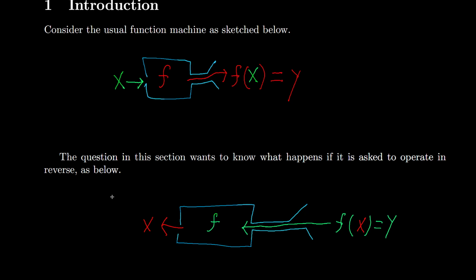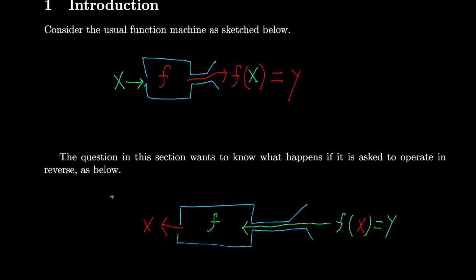If you were to think about chaining these two things together, you put an x into this red function f, you get f of x or y out, and then if you take that same output and shove it back through the green function, the inverse of f, you should get back out x, the same thing you started with. So this is the rough idea of what we're talking about.